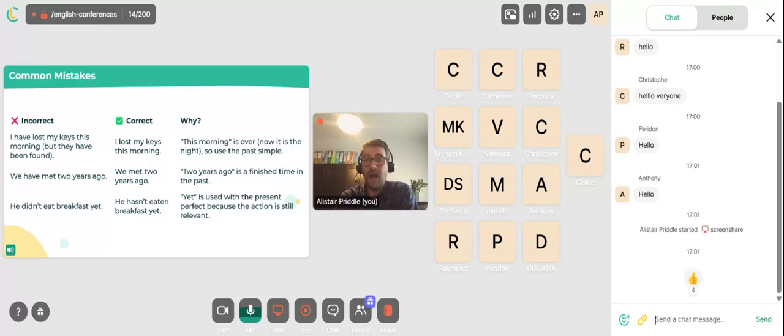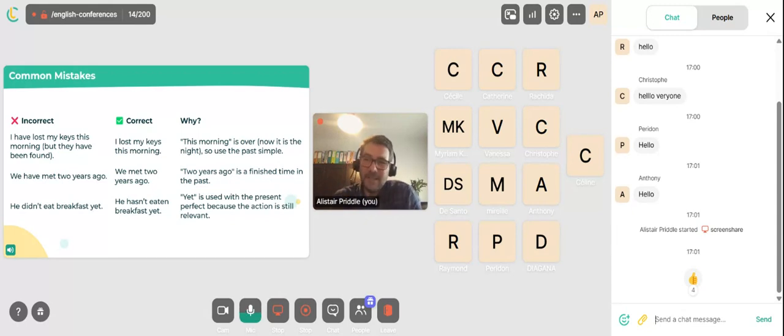We must say, "I lost my keys this morning." But why? This morning is over. Now it is the night or the evening. So use the past simple. This morning is over. It's finished. I lost my keys this morning.